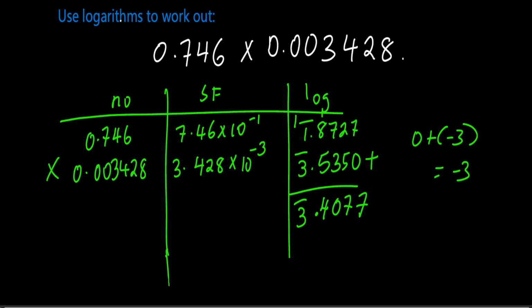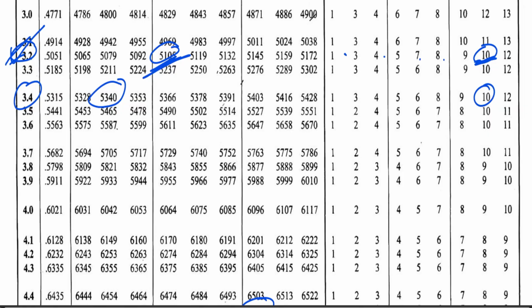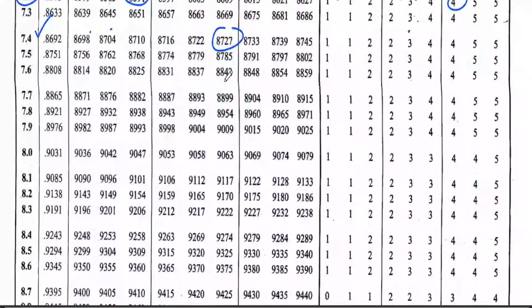The next step, as we discussed, is the anti-logarithm, which is 10 to the power of negative 3 times 10 to the power of 0.4077.